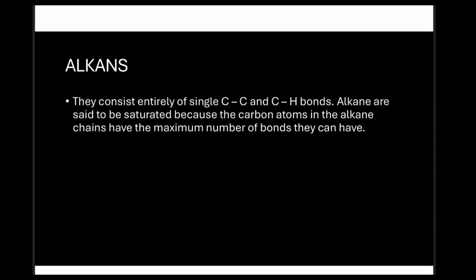they can have. So remember from our previous lessons that our carbon atom forms four hybridized orbitals, and in alkanes, these hybridized orbitals are used to form bonds with other atoms.